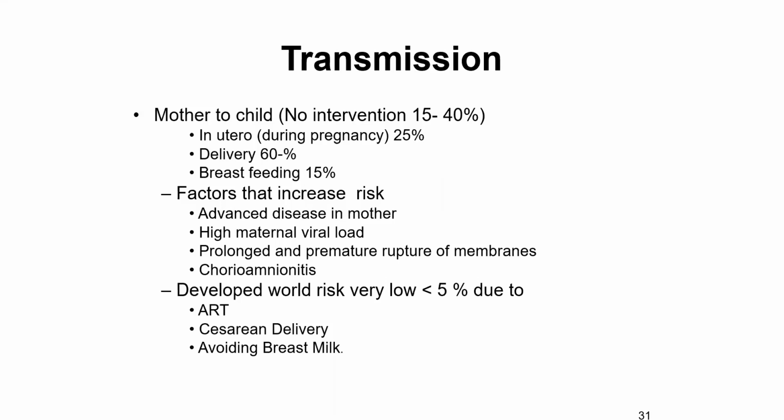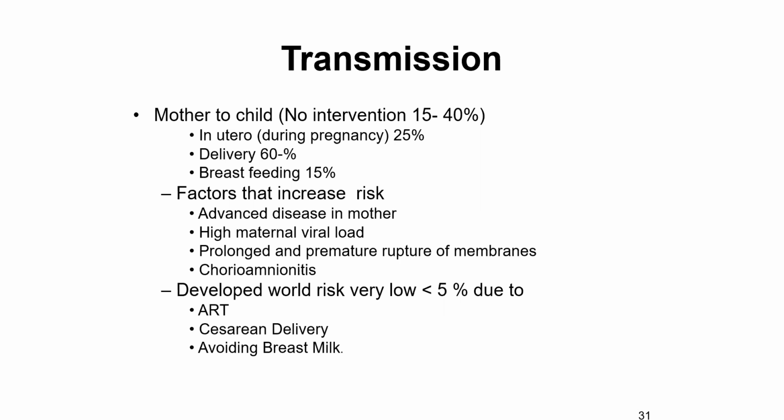Then we have also factors which increase this risk of the virus passing from the mother to child. If the mother has advanced disease, high viral load, remember I mentioned that the higher the viral load, the higher the risk of HIV transmission. We also have prolonged rupture of membranes and chorioamnionitis, also increasing the risk of getting infection. But these days, on Monday, we'll have a lecture from the AIDS and TB unit where we'll be discussing the EMTCT, which is elimination of mother-to-child transmission, where these days we are trying to eliminate this because of the use of antiretroviral therapy.